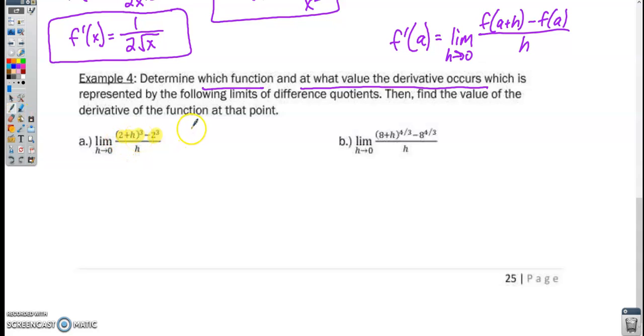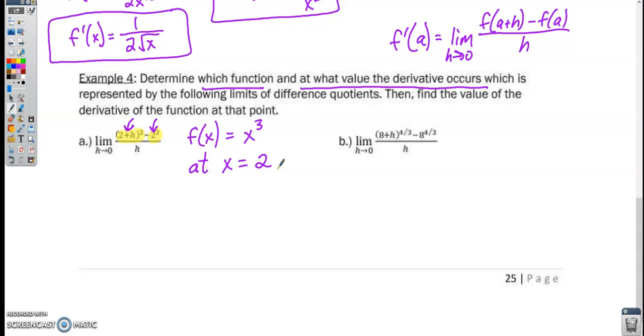So in part A here, my function is going to be f of x equals x cubed. And what's the numerical value that we're substituting into this limit of a difference quotient? Well, this is f of 2 plus h, and this is f of 2. So this is at x equals 2.